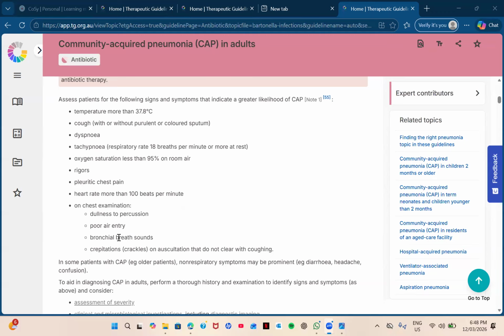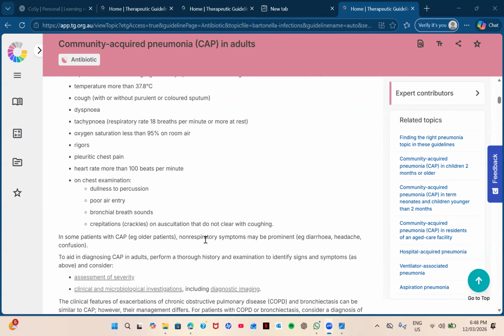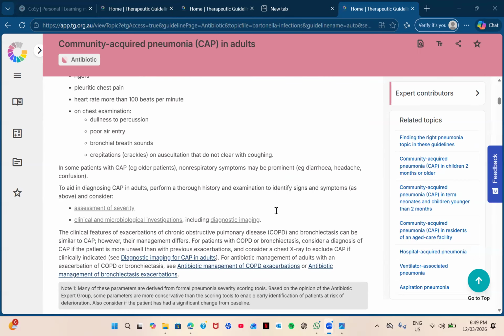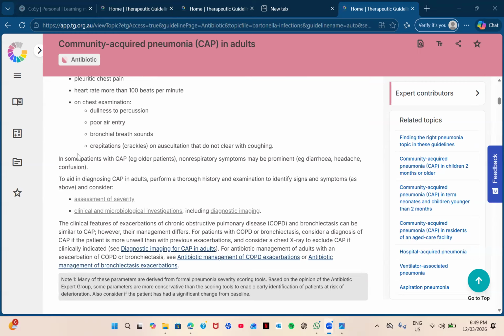Why dullness, doctors? Due to consolidation, right? Good. Then poor air entry, bronchial breath sound, crepitations on auscultation that do not clear with coughing. In some patients, especially older ones, non-respiratory symptoms can also be prominent: diarrhea, headache, confusion, but these are mostly associated with atypical pneumonia.